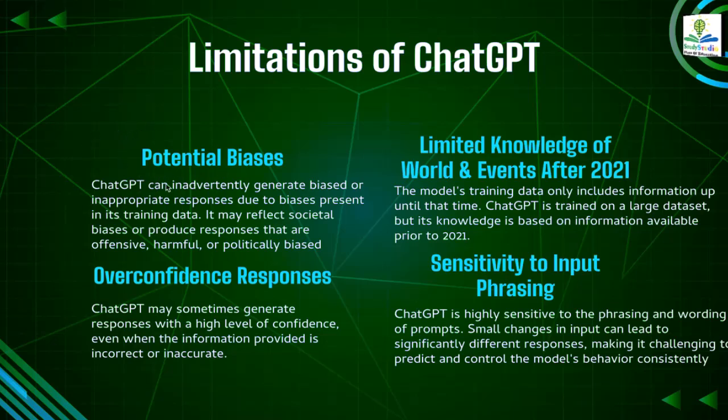Let's talk about the first one here, potential biases. ChatGPT can inadvertently generate biased or inappropriate responses due to bias present in its training data. It may reflect societal biases or produce responses that are offensive, harmful, and politically biased. To be honest with you, when it comes to this particular issue, there's not much that we could do.